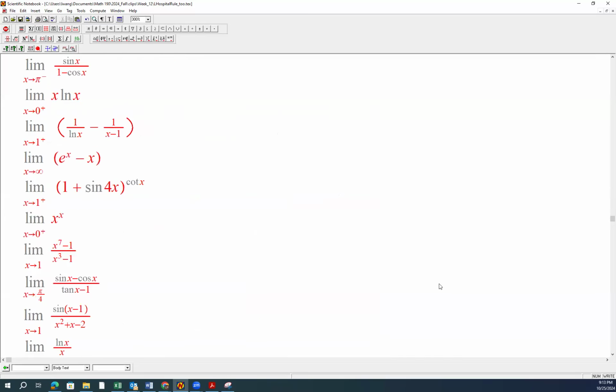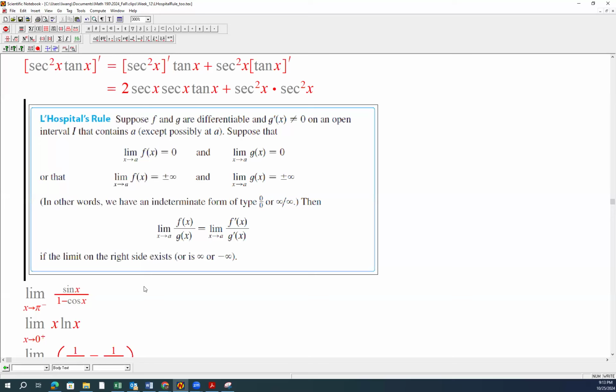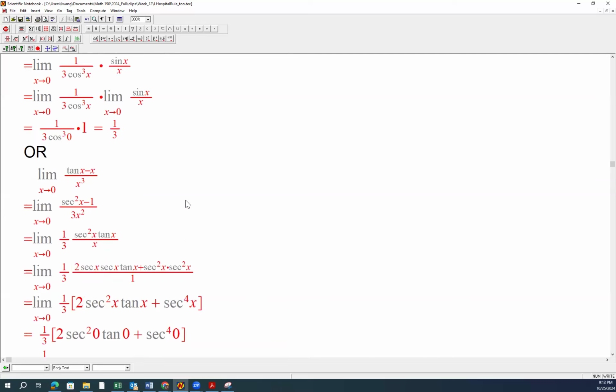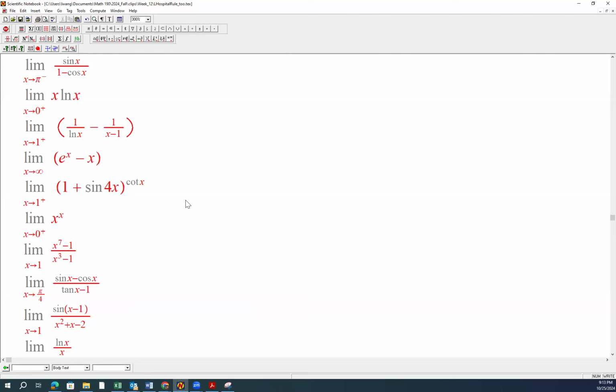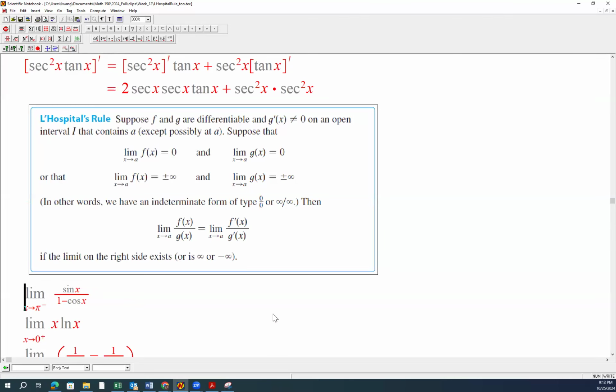You can see we have a lot of tools at our disposal. The next one, I think, is going to be example number 5.